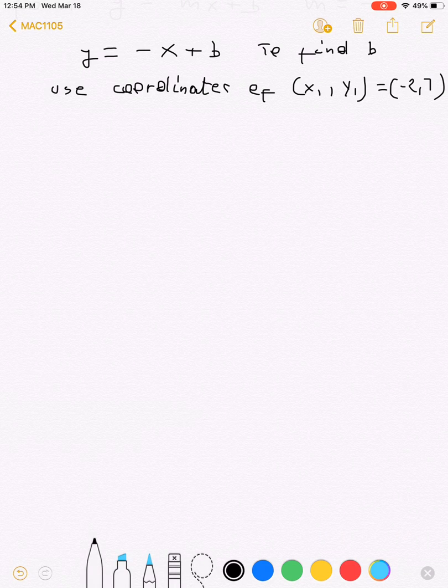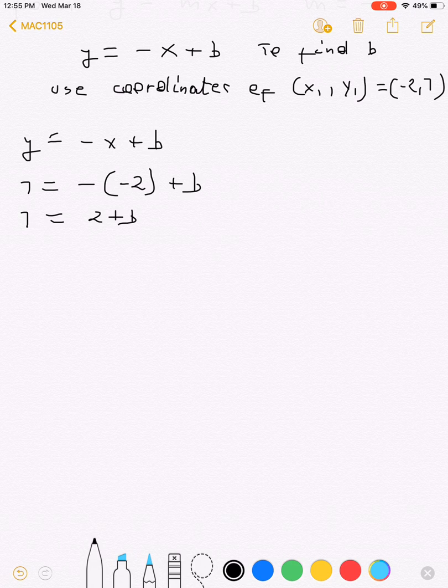So we have y equals -x plus b. I'm replacing y with 7. I'm replacing x with -2, and I'm solving for b. So we have 7 equals 2 plus b. Subtract 2 from both sides, and we get that b is equal to 5. So y equals -x plus 5 is the equation of the secant line.